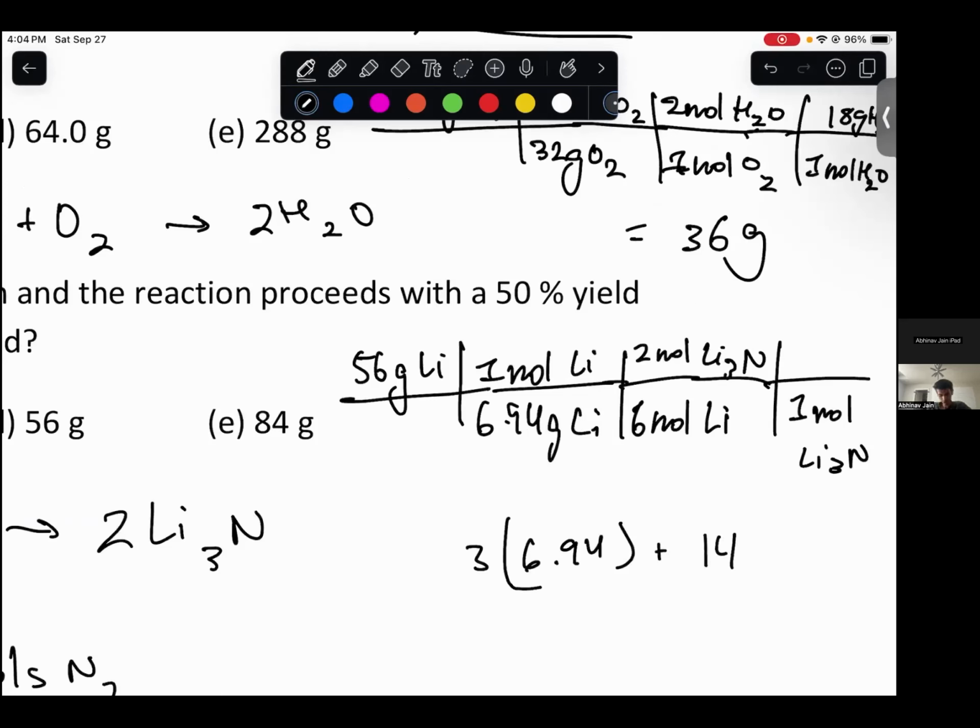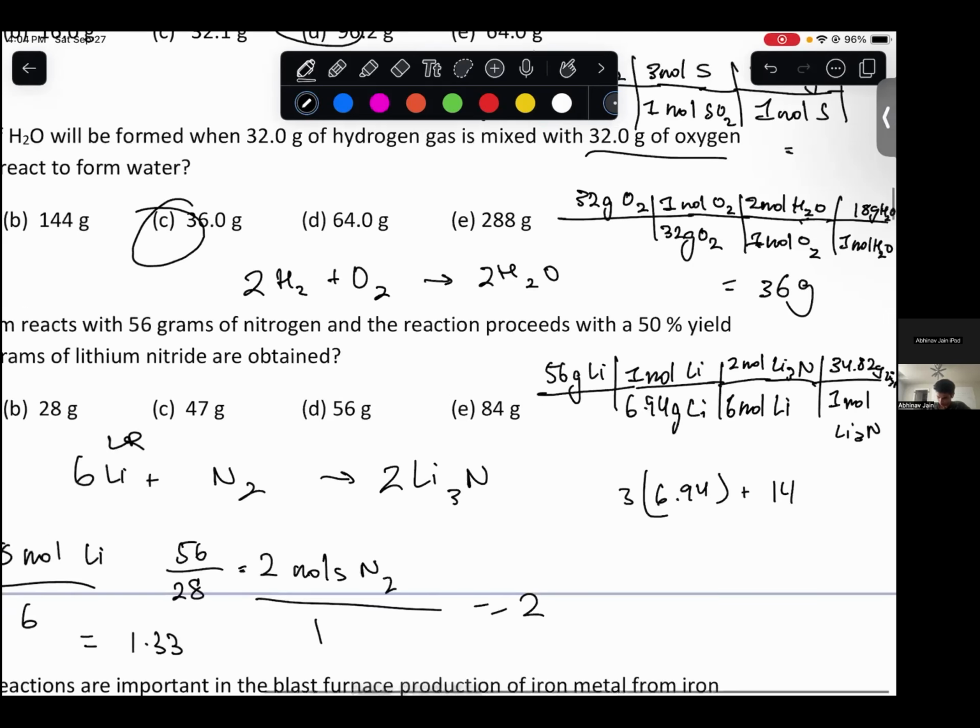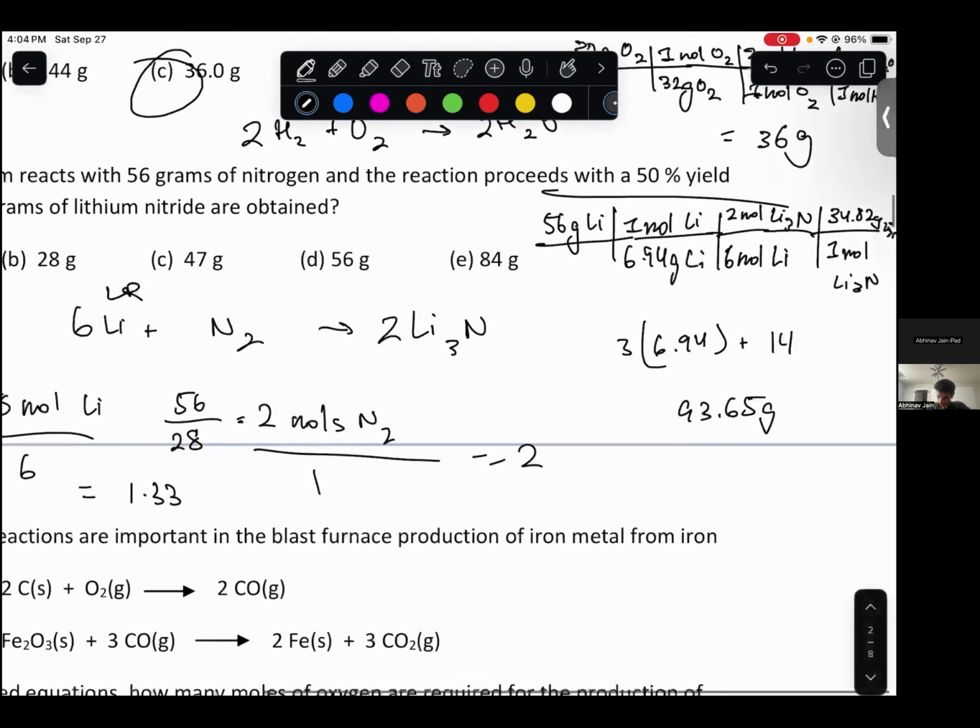So 3 times 6.94 plus 14, it's going to be 34.82 grams of lithium nitride. So we multiply all these numbers on the top. We're going to get 93.65 grams. Remember, it says a 50% yield, so we're going to multiply this by 0.5. That's going to be 46.8 grams. That's around 47 grams. So the answer is C.